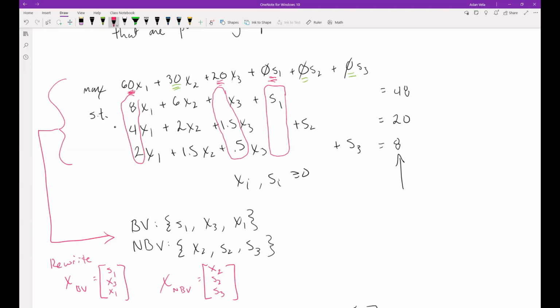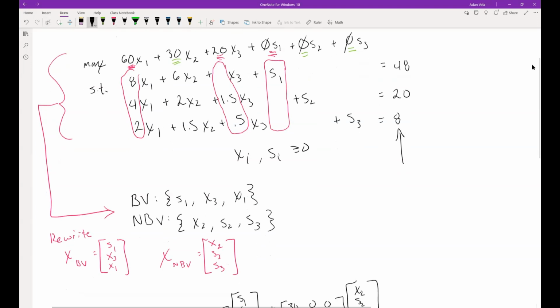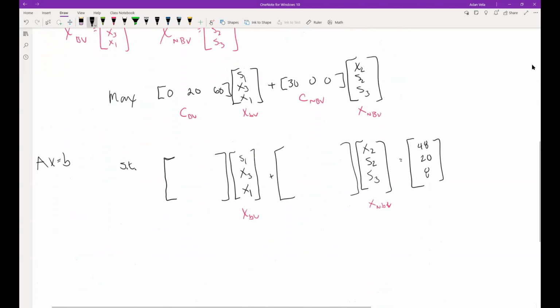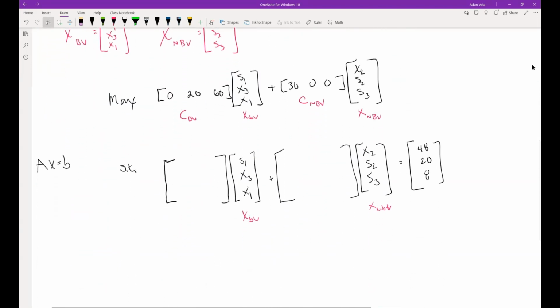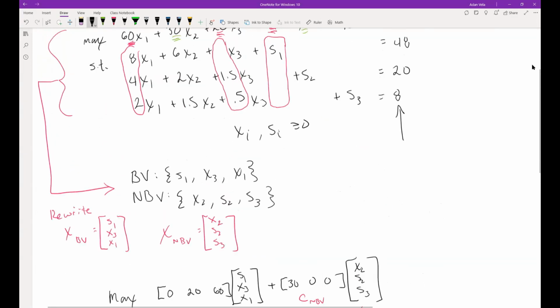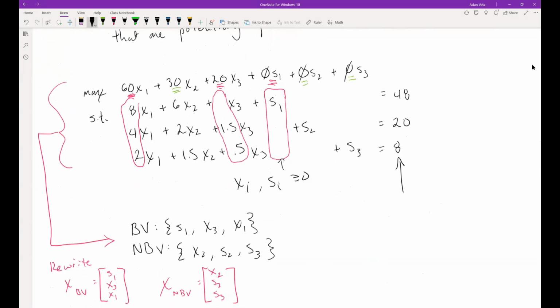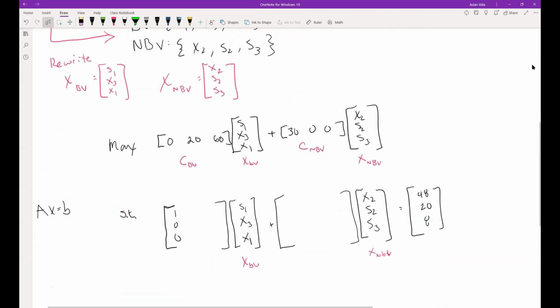So we're going to take these parts of the constraint equations and put them in the first matrix. So when we do that, and it's a little bit out of order, again, because we started with S1, we start with this guy here. So it's 1, 0, 0. And then we have 1, 1.5, 0.5, and finally 8, 4, 2.